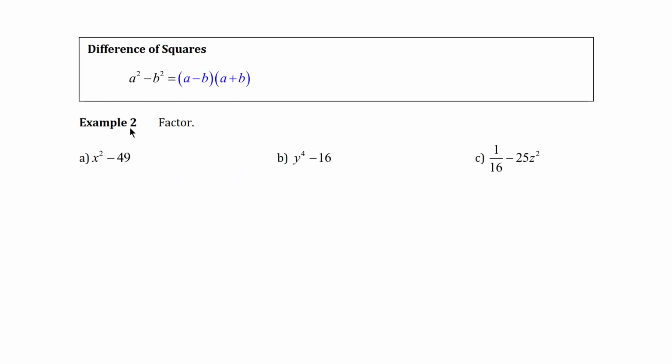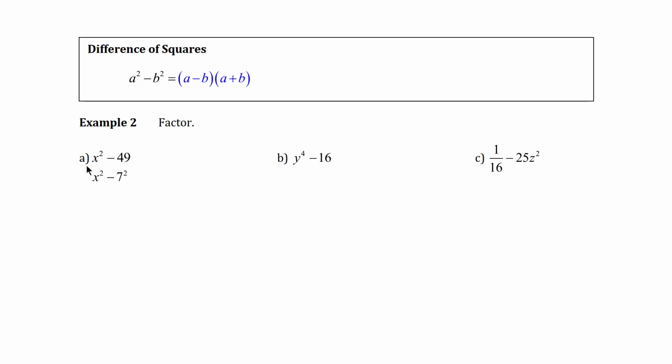For example number 2, factor. For part A, we have x squared minus 49. I rewrote this as x squared minus 7 squared, just so you could see that this is definitely a difference of squares. To factor this, we find our values for a and b.